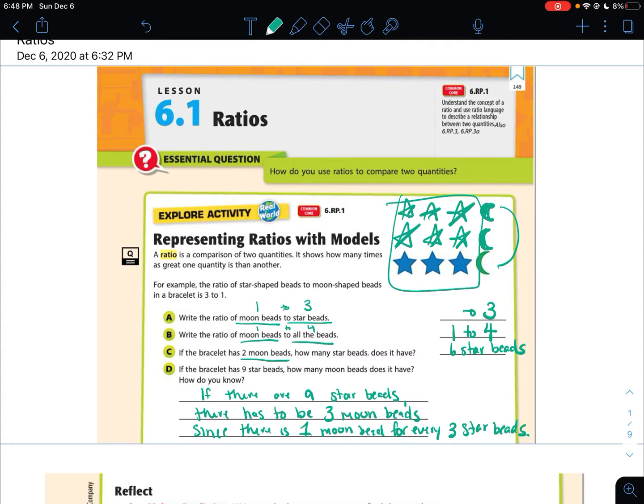Okay? And that's how you would explain it. Just 1 moon for every 3 stars.